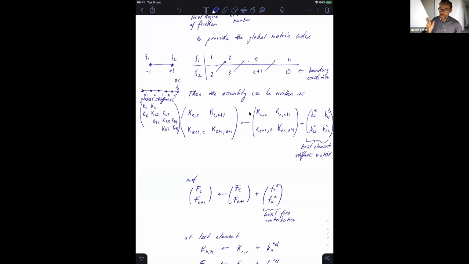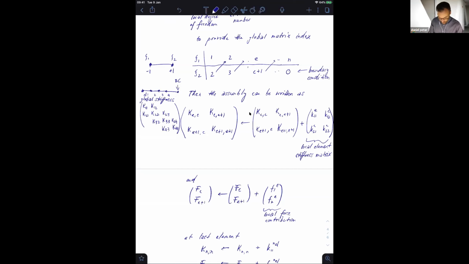We would have 4 degrees of freedom. Oh, sorry, it's 4 elements with this example. Yeah, let's not confuse ourselves. 4 elements, 4 degrees of freedom, but 5 nodal points, but we impose a boundary condition on the last one. So the global stiffness matrix goes from K11 till K44.